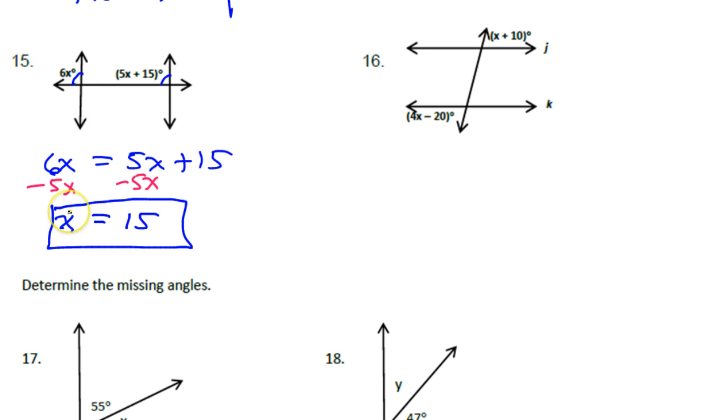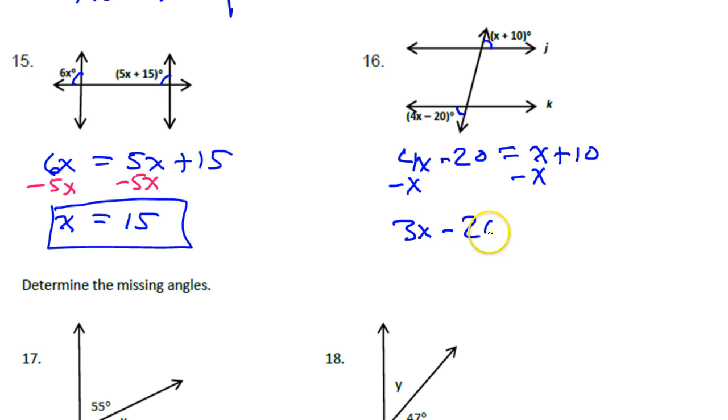Same deal for number 16. If these lines are to be parallel, then alternate exterior angles, such as these, should be congruent. So 4x minus 20 should equal x plus 10. Subtracting x from both sides, I have 3x minus 20 is equal to 10.